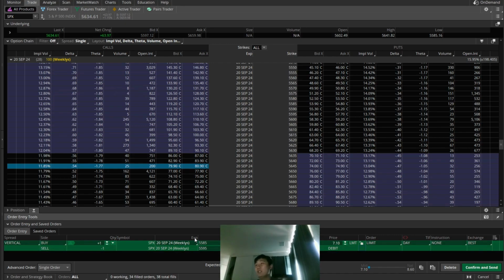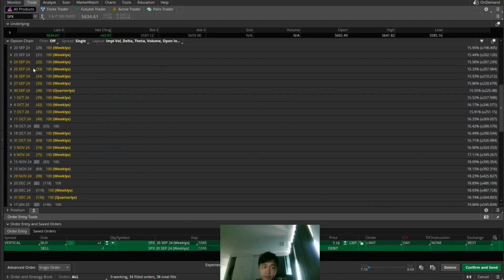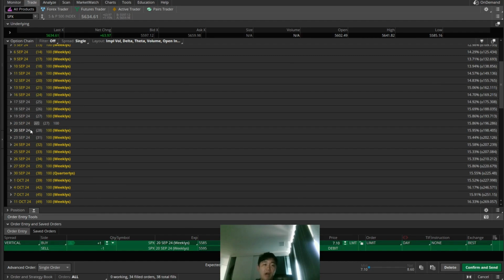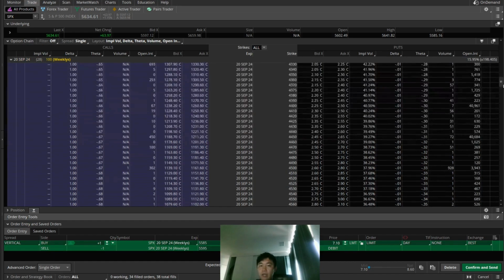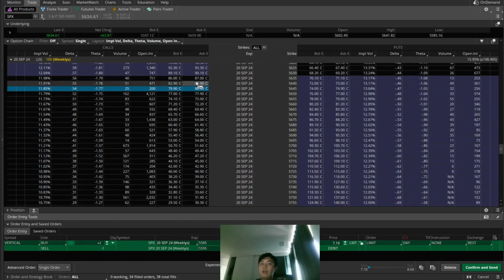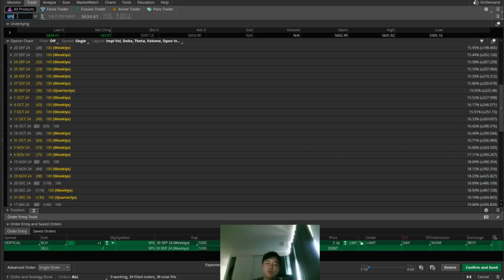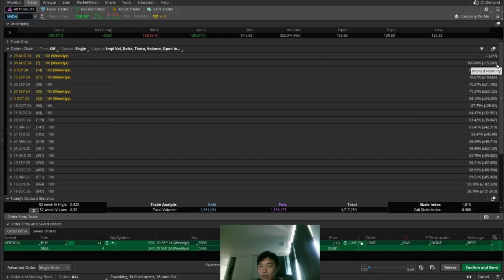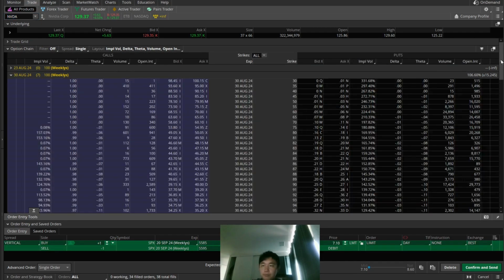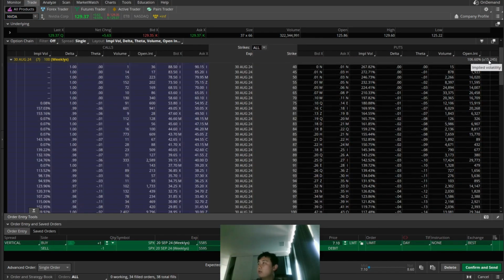And this is especially so when you have a news event in between now and expiration. What will generally happen is that the volatility will not go down on your short strike. And this is especially pronounced during earnings. So for example, Nvidia has earnings next week. You see that it still has an expected move of $50.